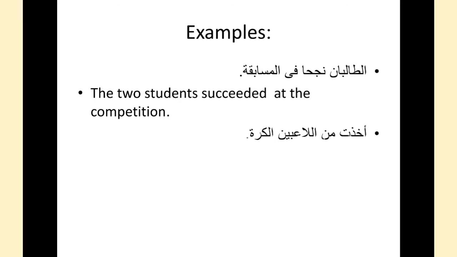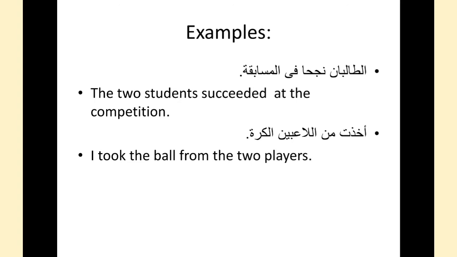أخذت من اللاعبين الكرة, which means I took the ball from the two players. You can see here the two players means اللاعبين, and observe ya wa noon at the end of this word, the word before the last one. يقرأ الطالبان في الكتابين.